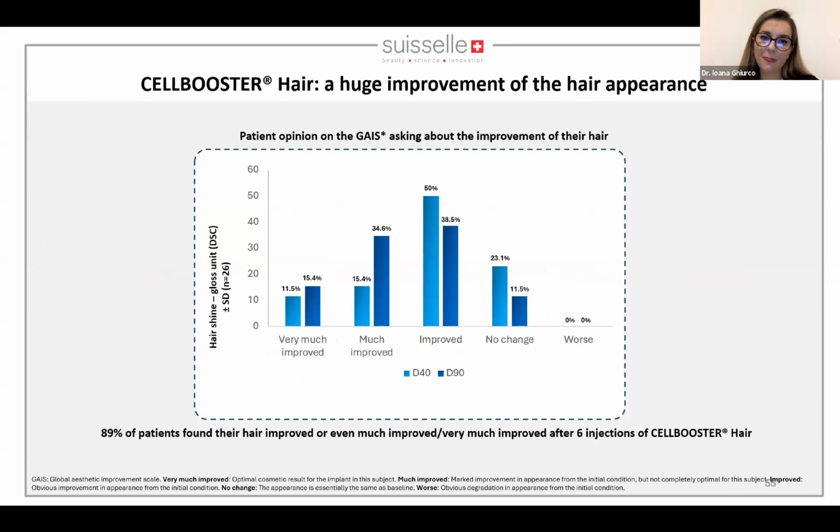Next slide, please. The graphic shows the same thing: 89% of patients found that their hair improved, much improved, or even very much improved after this treatment. Next slide.